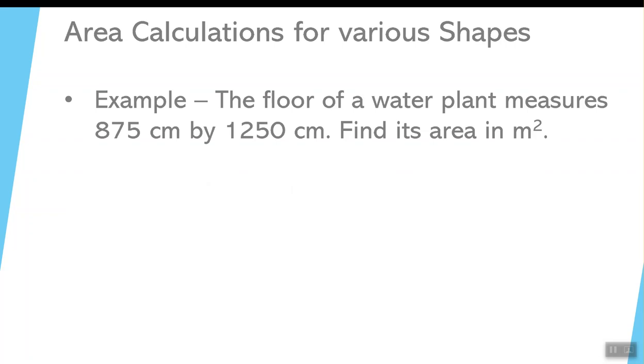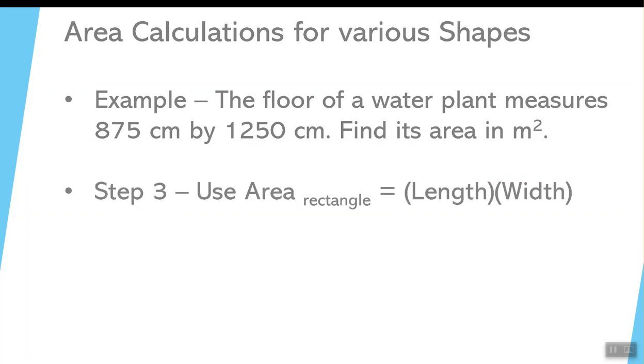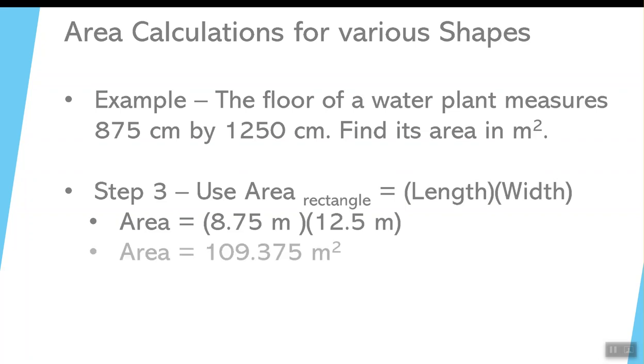Now that you've got those conversions done and you know that you're working with a rectangle, you can use the rectangle formula, which is length times width. 8.75 meters, which you converted earlier, multiplied by 12.5 meters, works out to be approximately 109.375 meters squared.